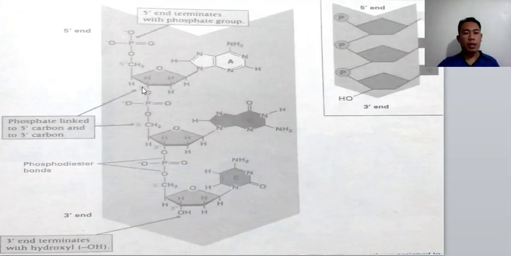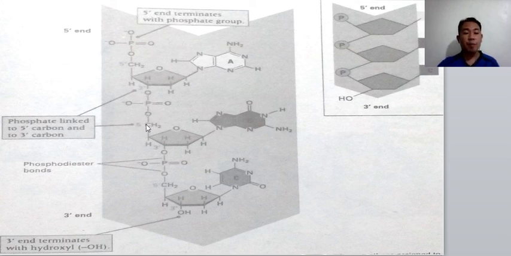Notice also here that the chemical bonds by which the sugar components of adjacent nucleotides are linked through phosphate groups are called phosphodiester bonds.